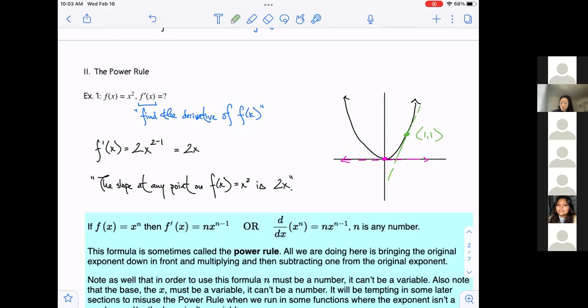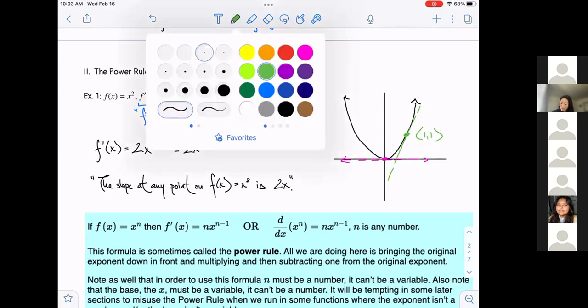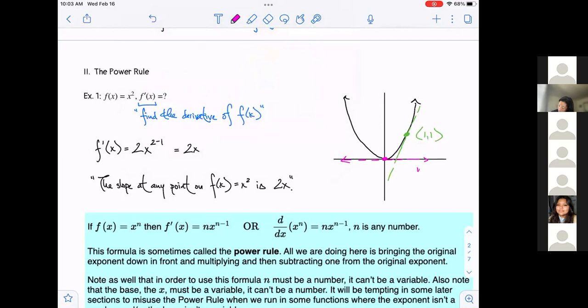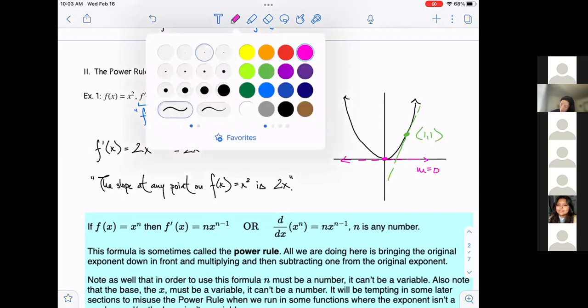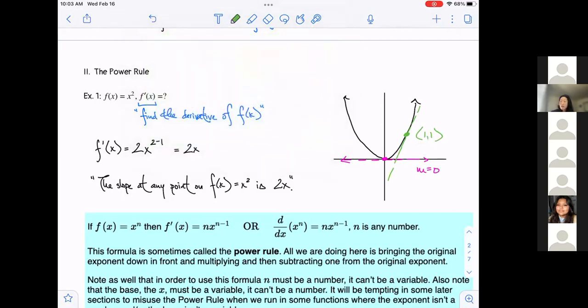What is the slope of this green line? How did you get that? Yeah, 2 times 1, the equation for the derivative, 2 times 1, because 1 is the x value, tells me the slope of that tangent line.